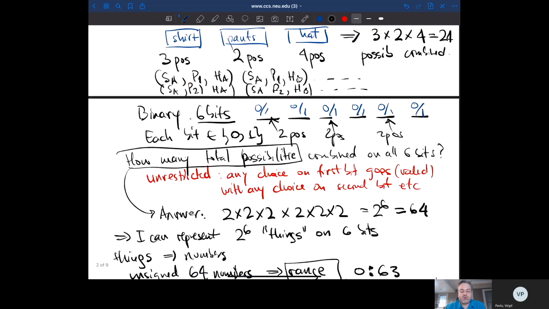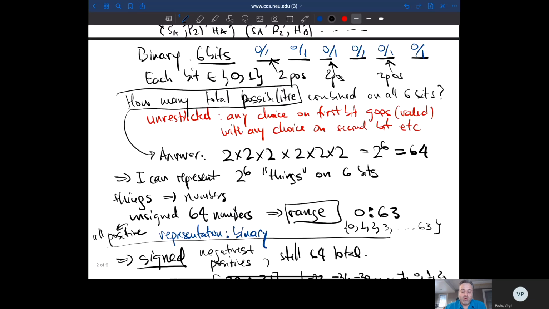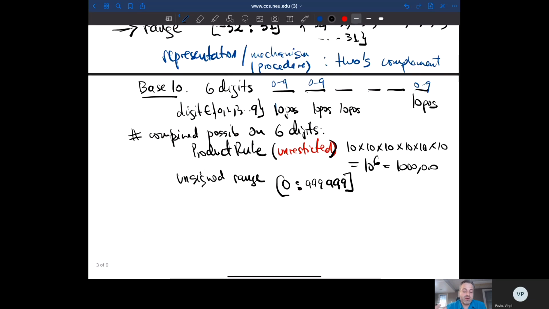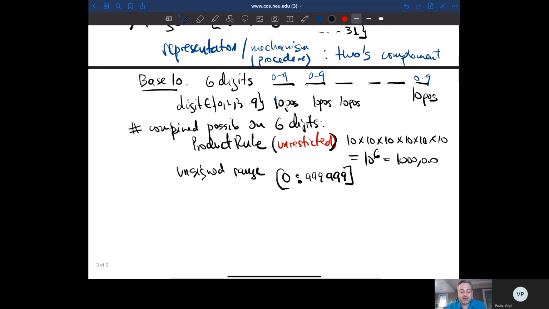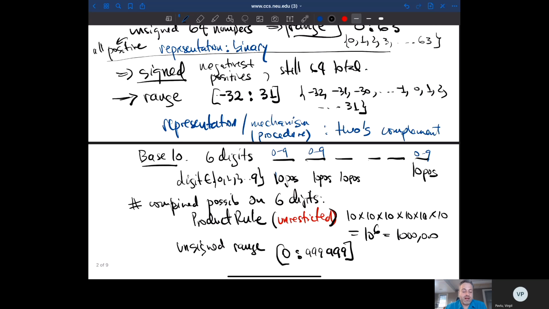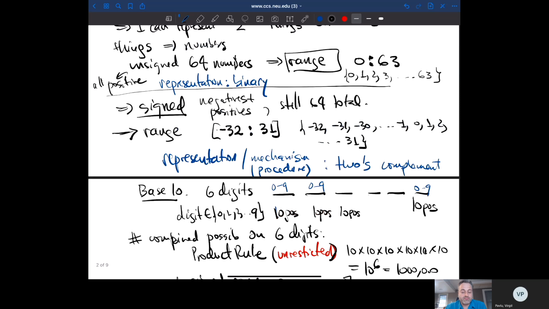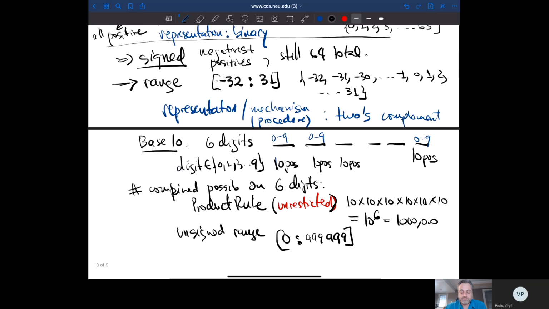So it's a useful way to think about the representation this way. I have those bits or those spots that I can populate with 0 or 1 bits, or in decimal with 0 to 9. How many possibilities are there? That will dictate the range, and that will also dictate the negative range, the 2's complement. If you start at -32, you can go up to 31 because that would be 64 values on 6 bits.